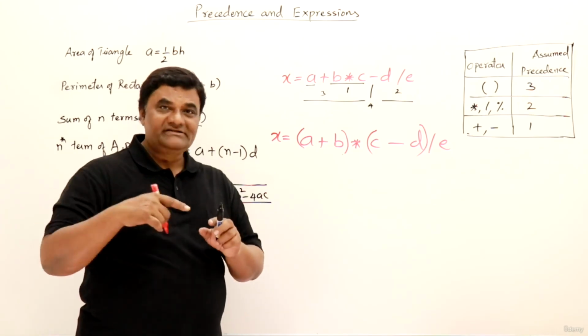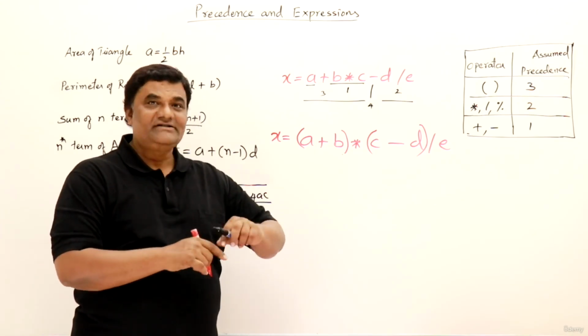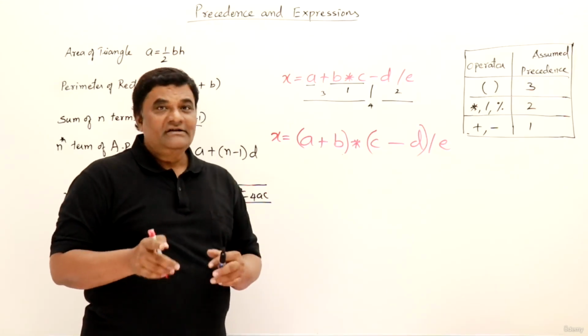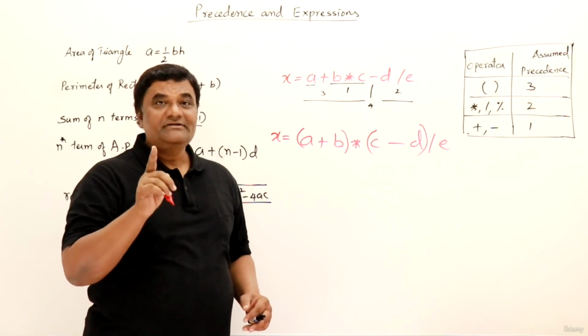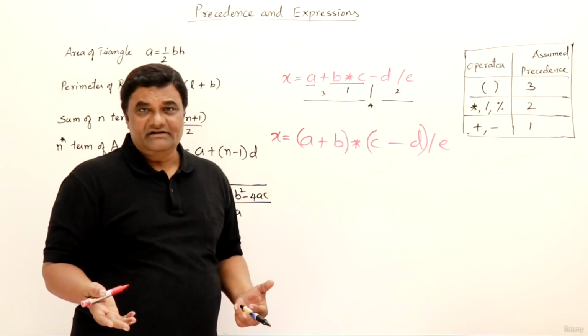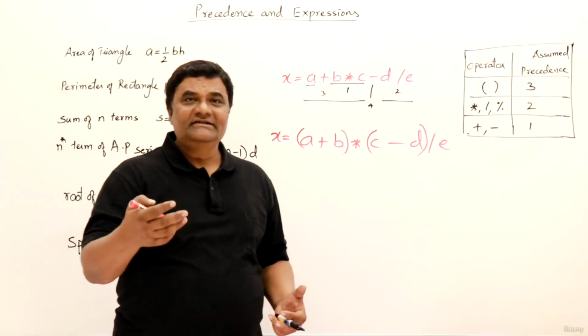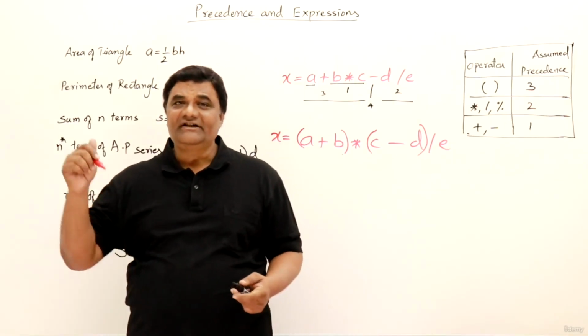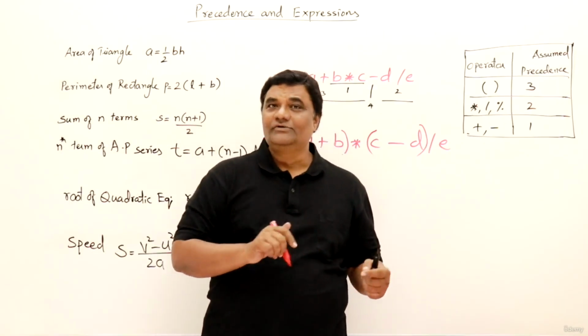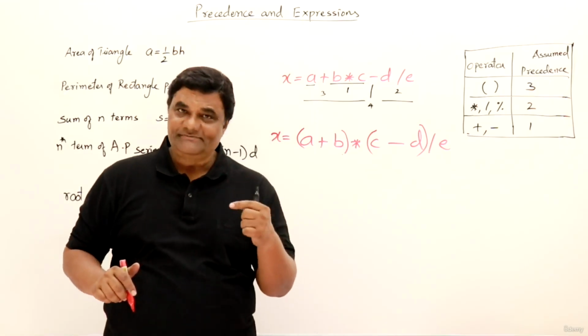If you know the precedence and want them to be executed accordingly, it's okay. If you want to change it, you can change it by imposing brackets. This is there in mathematics also; the same thing is used here. Now, for practicing this, I have taken some formulas. I will show you how to convert these formulas into expressions of a C++ program.